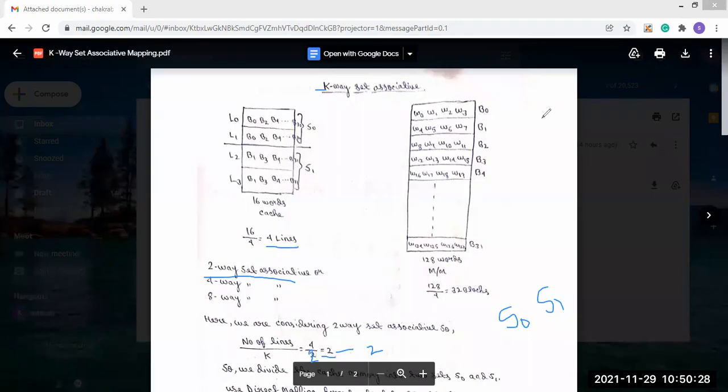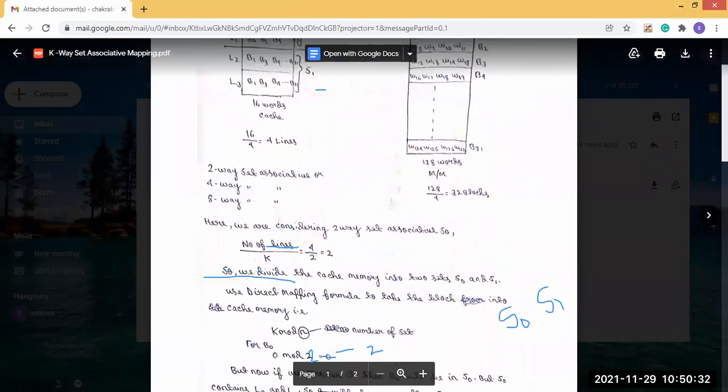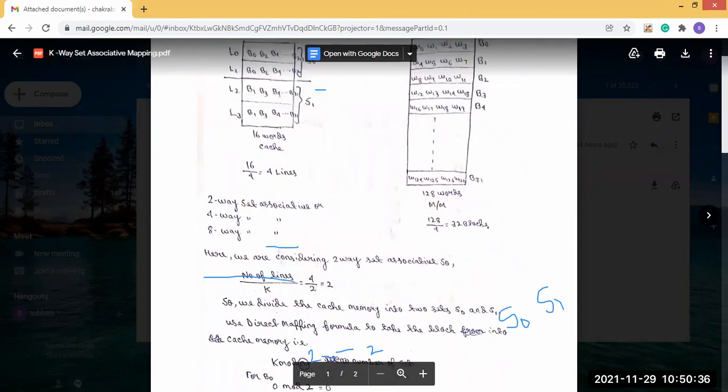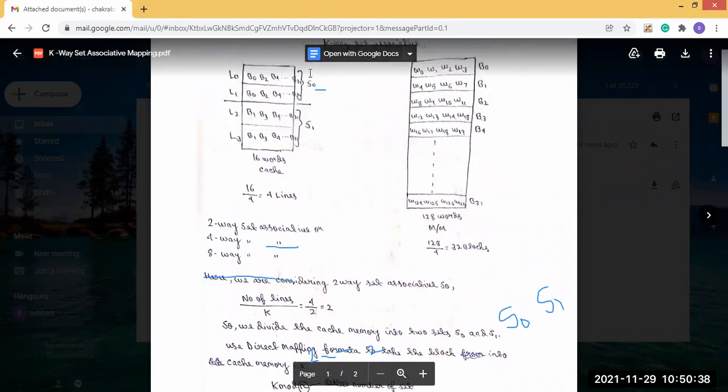Now, what do we have to do? We use the direct mapping formula to bring the block into the cache memory. Which block should be present in which line? We can do that using the formula K mod N, which we have already seen in direct mapping.